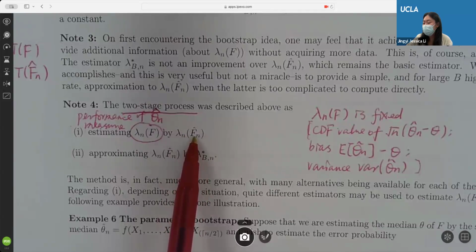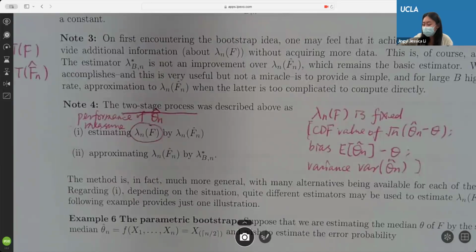Each value in your sample has probability mass 1 over n. If you want a hypothetical sample of size n, then sampling with replacement means you have n to the n possibilities. That's a phenomenal number, a very large number.